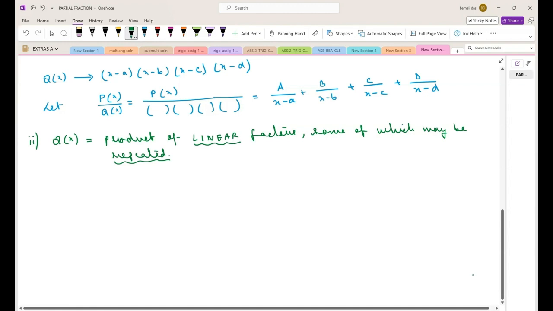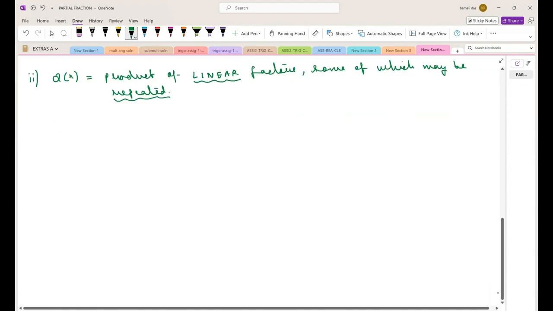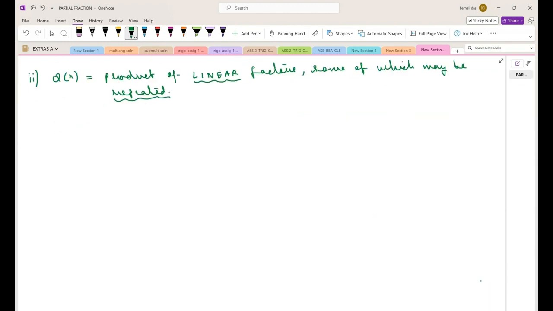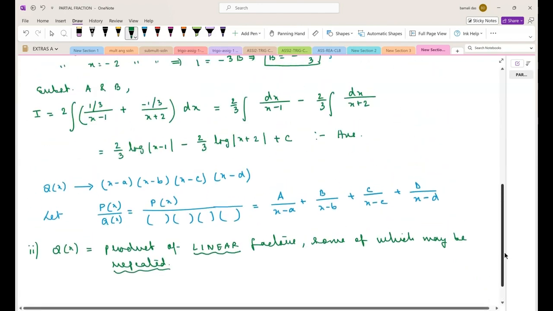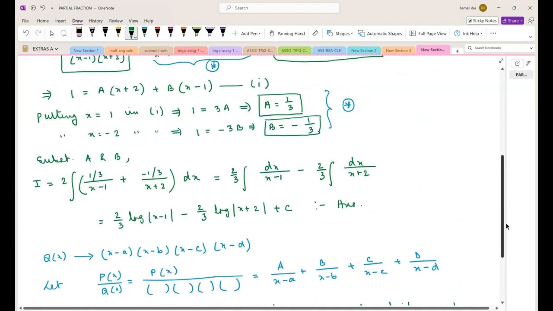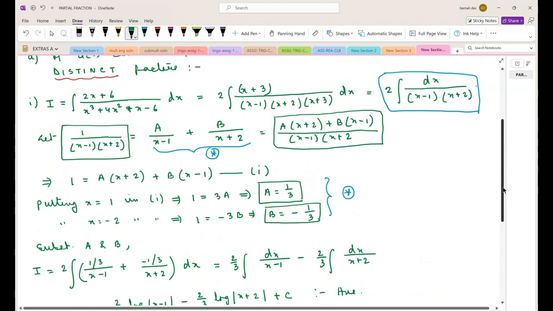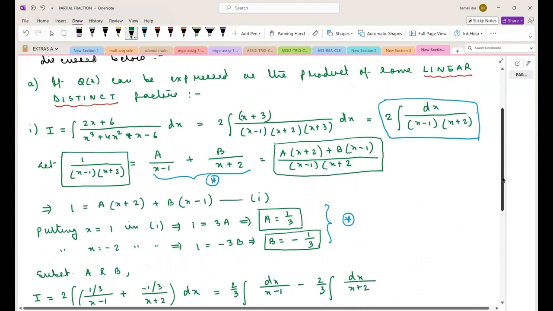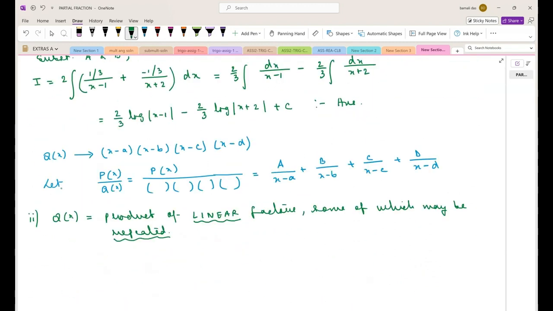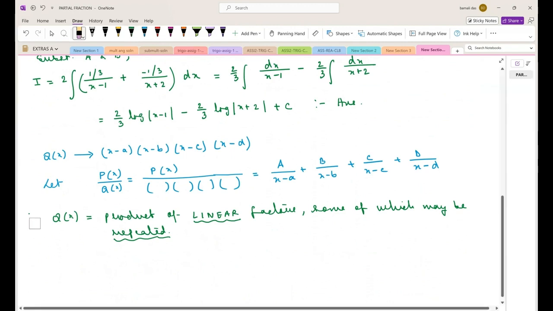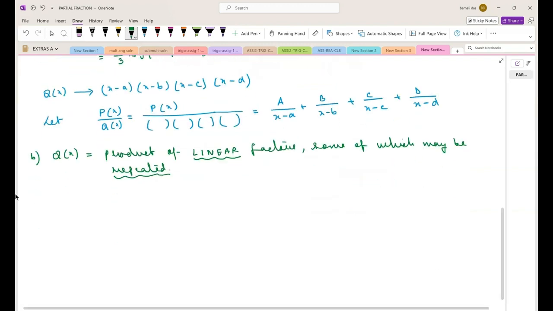If such a situation occurs, then how will we do the sum? Again, let us take an example and do it. Okay, here I named it A, so I should have named it B here. Sorry. Second case is B. Now again, let us take an example.